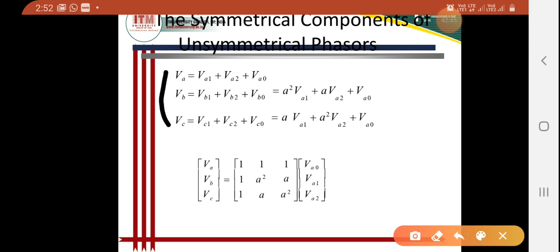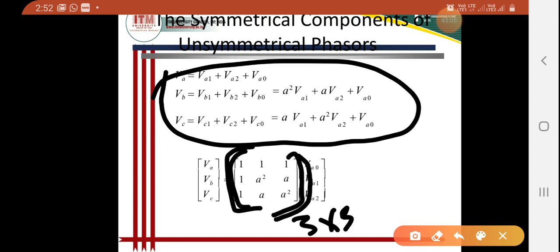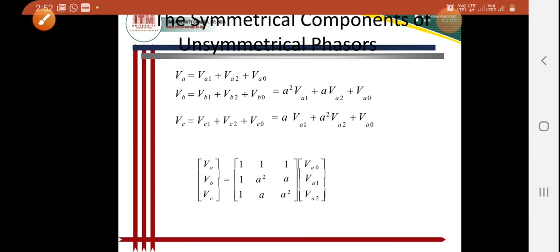Now suppose I want to write these three equations in matrix form. VA, VB and VC are the voltages, so that can be written as a 3 by 3 matrix multiplied by VA0, VA1 and VA2.